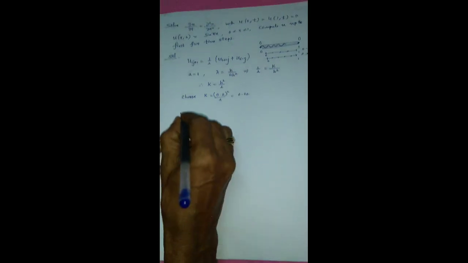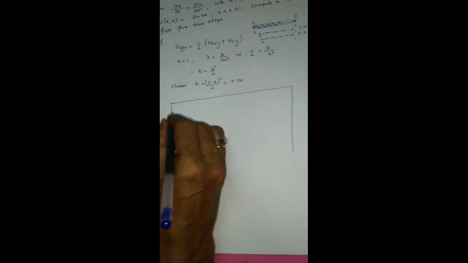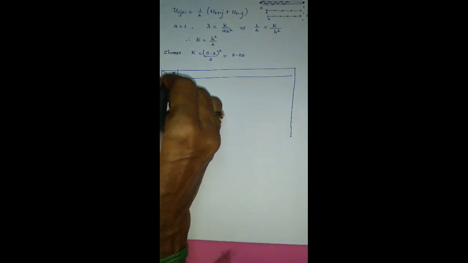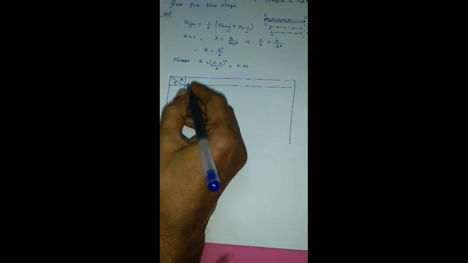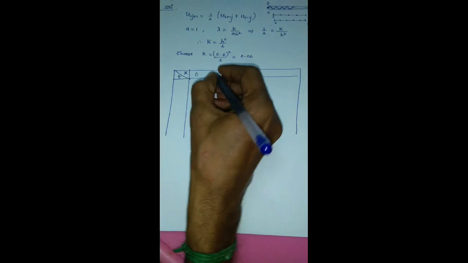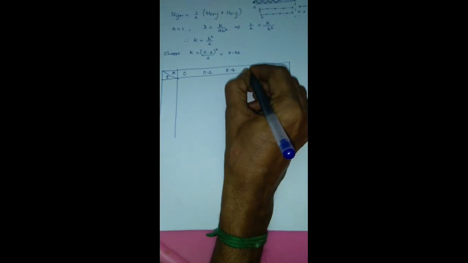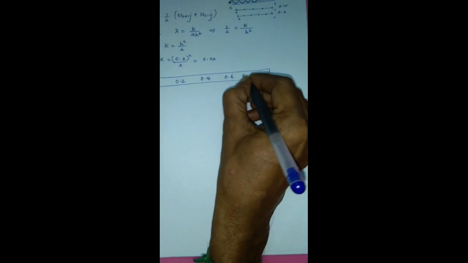We'll form a table because all inputs are ready now. We'll go by a numerical table of values. So this is x, t. Step size along x direction: I'm choosing 0.2, 0.4, 0.6, 0.8, 1.